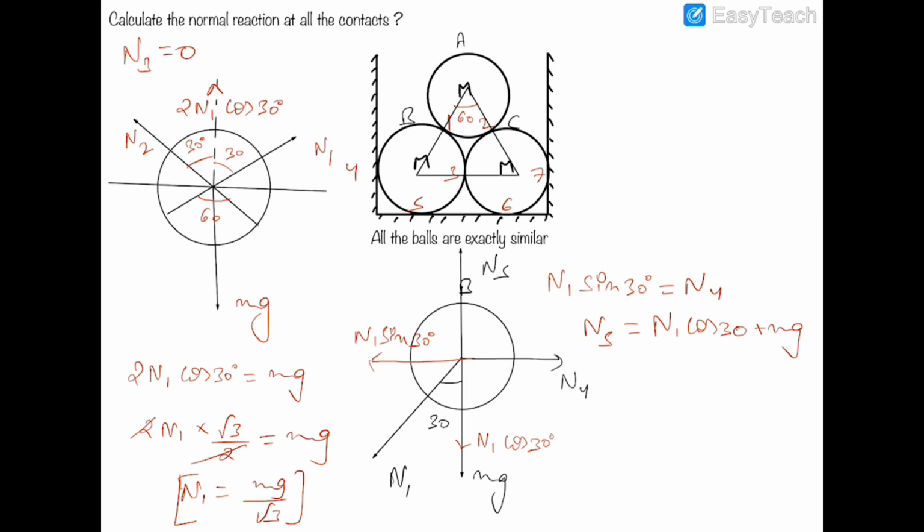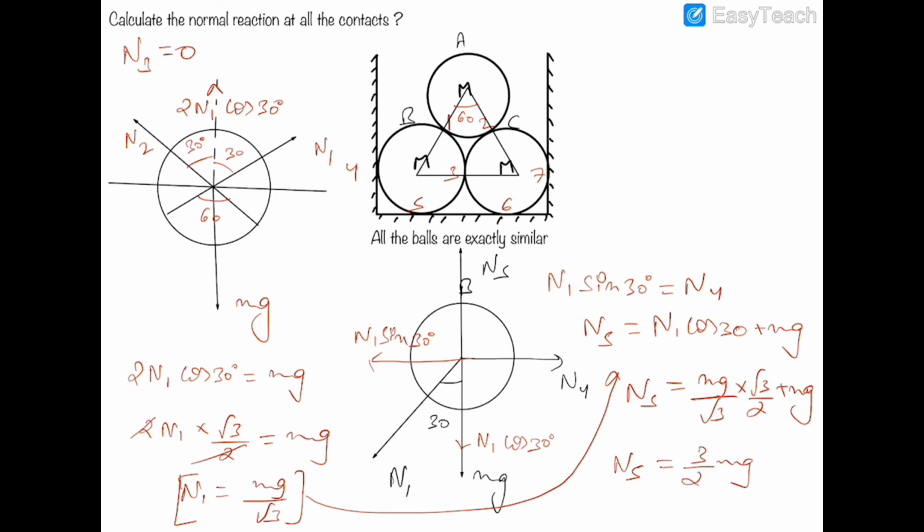plus mg. Now we have already calculated the value of N1. Putting this value here, N5 will be equal to mg upon root 3 into root 3 by 2 plus mg. So N5 will be equal to 3 by 2 mg.